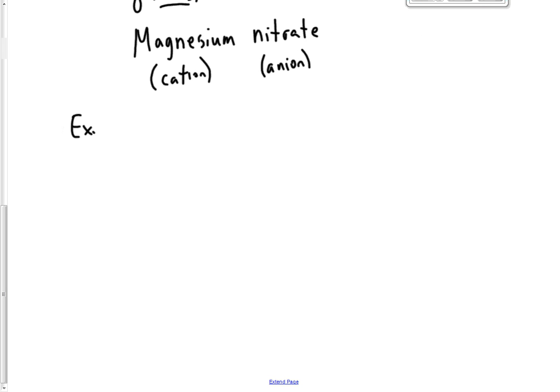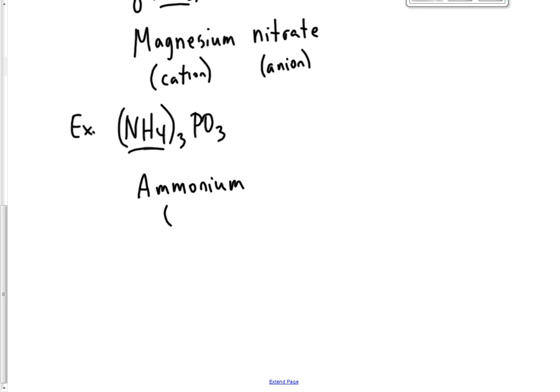Another example. In this example we don't have just a metal. So you're going to have to be able to identify and look at something and go, okay, there's no metal there. What is the cation? In this case, the cation is this polyatomic ion here. So we're going to name it just as is. NH4 is ammonium. We're going to write that down.